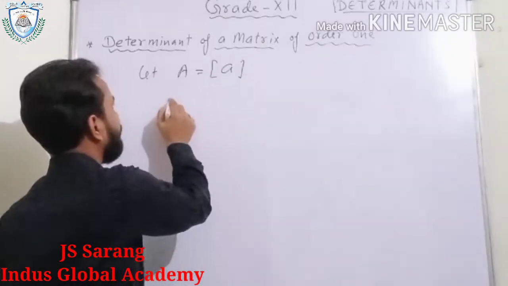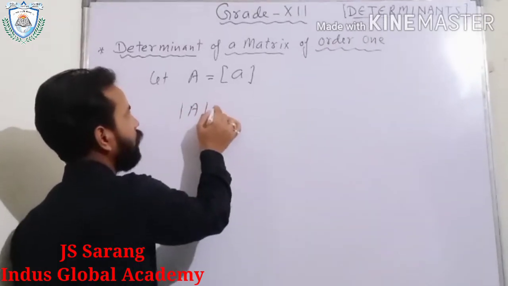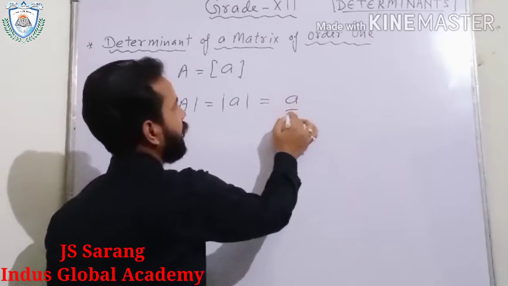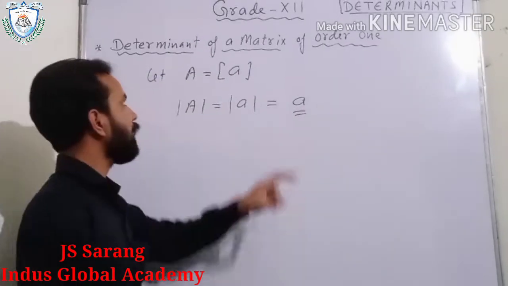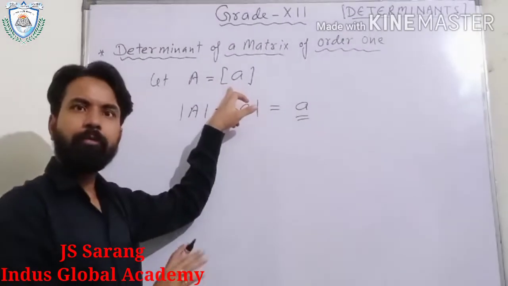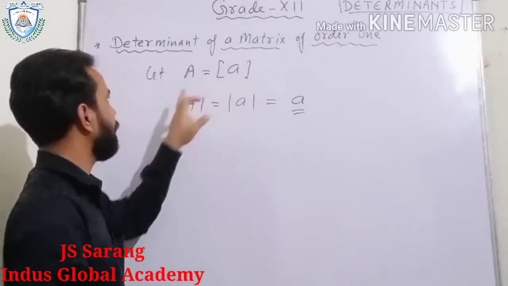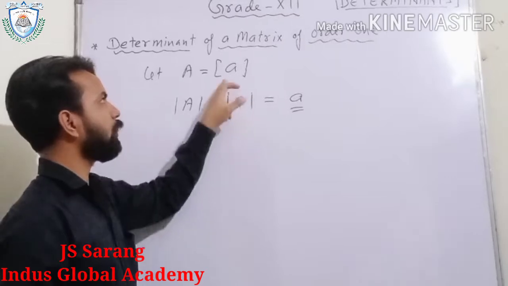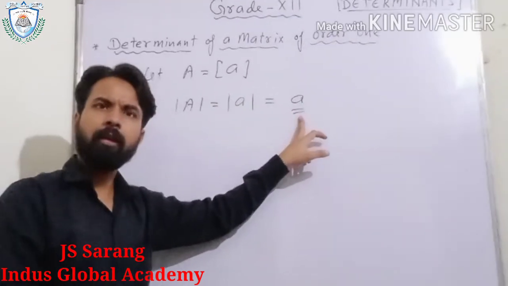So the value of its determinant will be only a, because there is only one element in the matrix. The determinant of A is equal to the determinant of this matrix, and its value will be a.